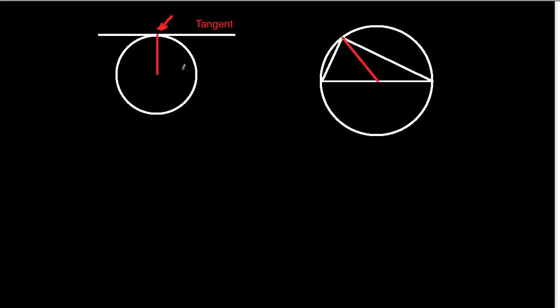Now it turns out that if we draw a radius from the center of the circle, let's say it's here, out to the tangent, the angle between the radius and the tangent is always 90 degrees.